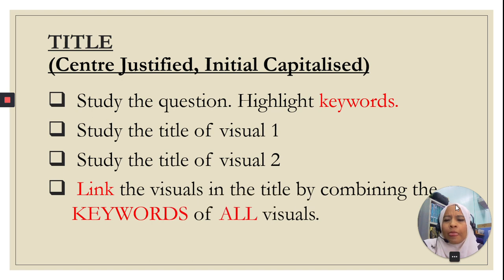Once you have identified the keywords for both visuals and the question, what you do next is link the visuals in the title by combining the keywords of all visuals. So again, identify the keywords in the question and in both titles of both visuals, and link the visuals in the title by using a conjunction. Normally the conjunction that we use is "and".